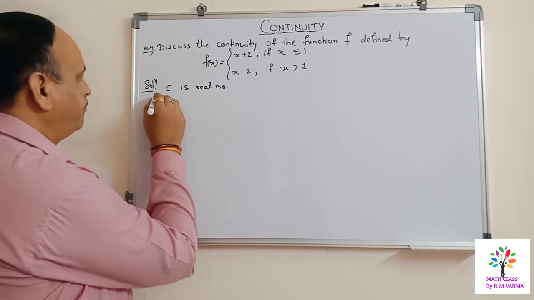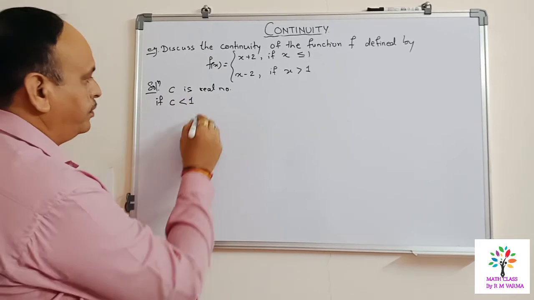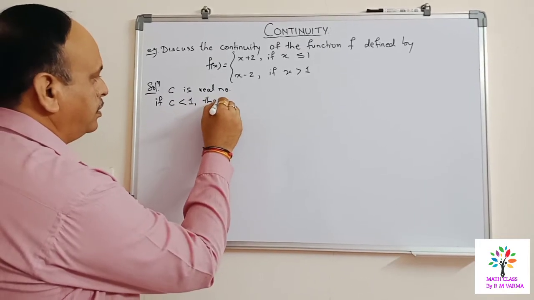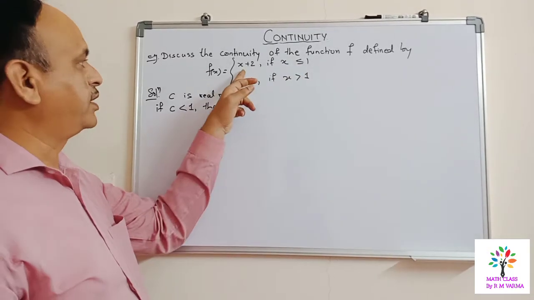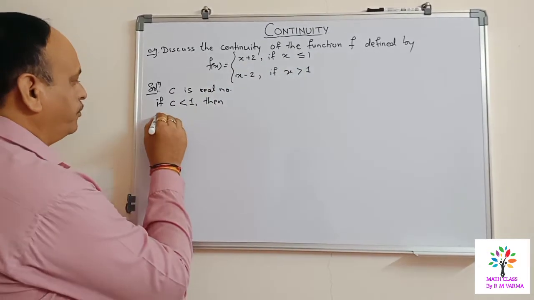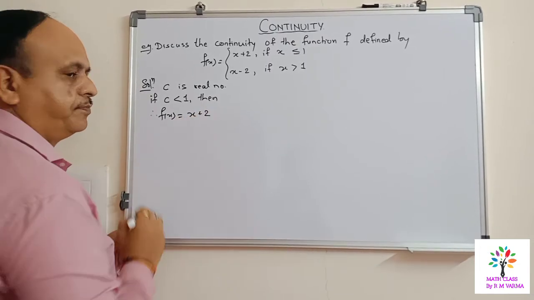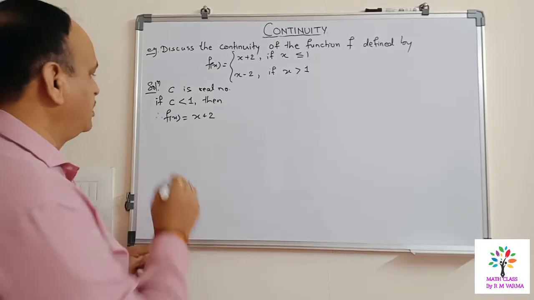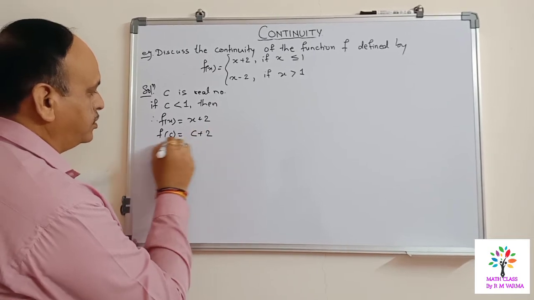Now if C is less than 1, then x is less than 1, my function should be this. Therefore, f(x) equals x plus 2. Now at C, f(C) I find out is C plus 2.